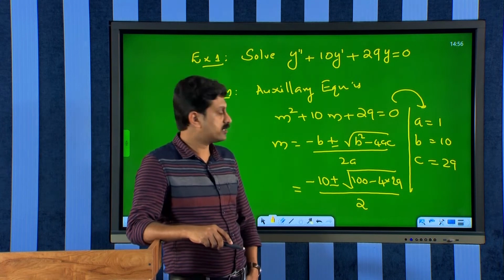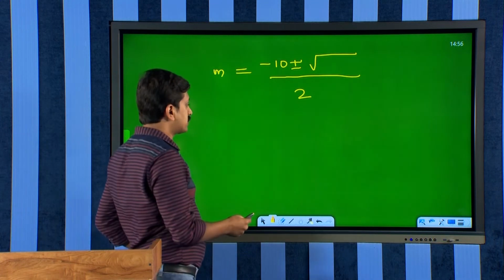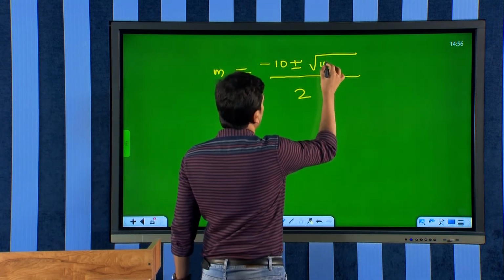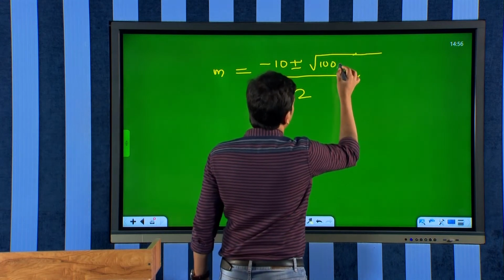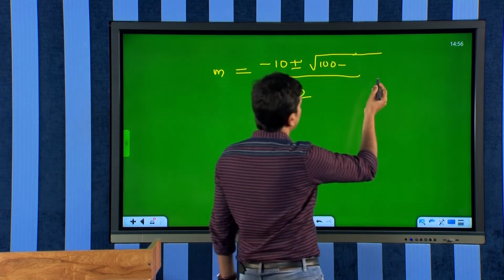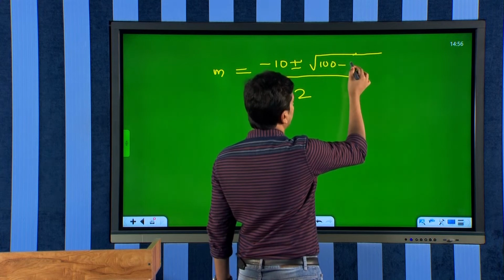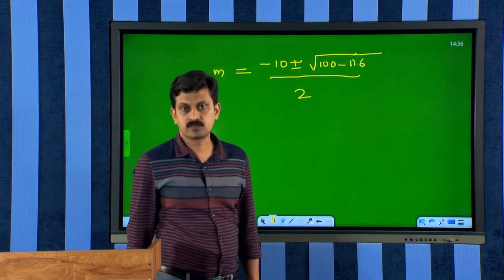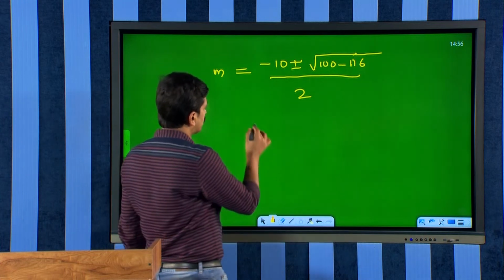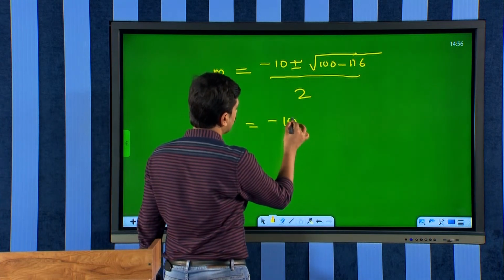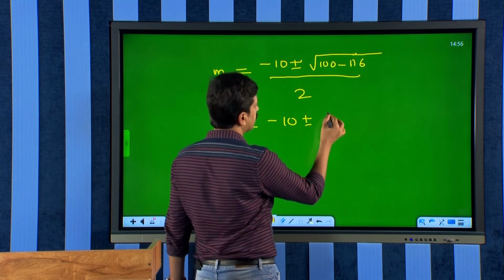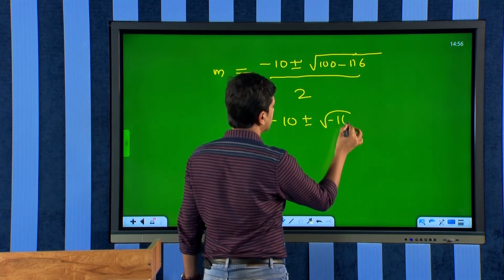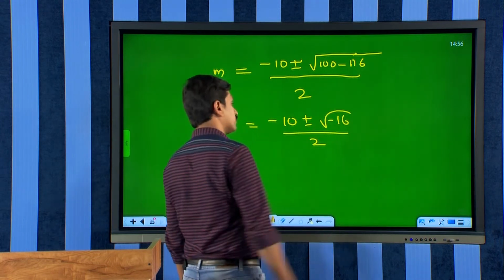So m is equal to minus 10 plus or minus the square root of 100 minus 4 into 29. 4 into 29 is actually 116. Therefore, this is equal to minus 10 plus or minus the square root of 100 minus 116, that is minus 16, divided by 2.